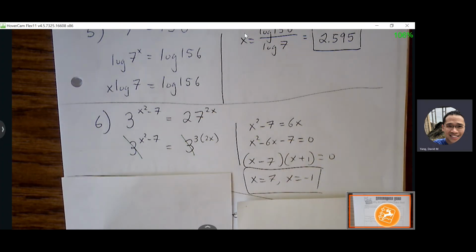Again, no need to test your solutions with the original equation, we only do that with logs.